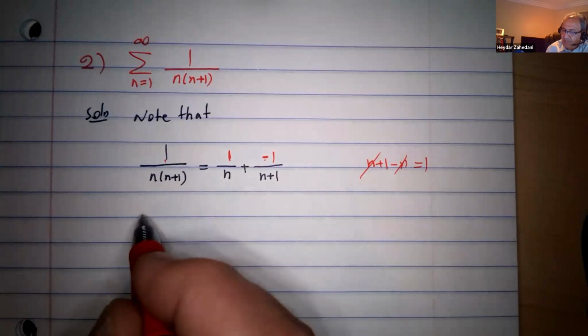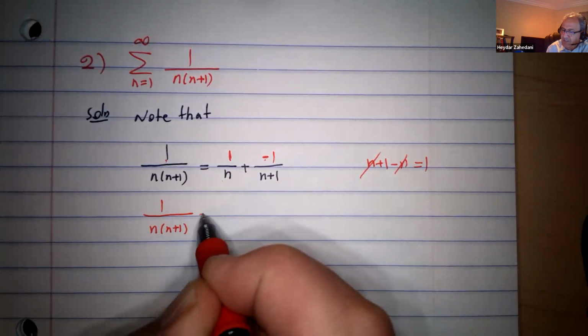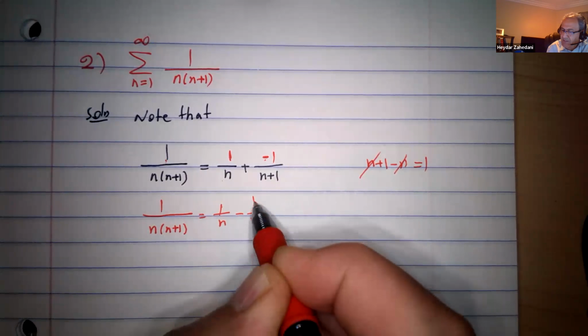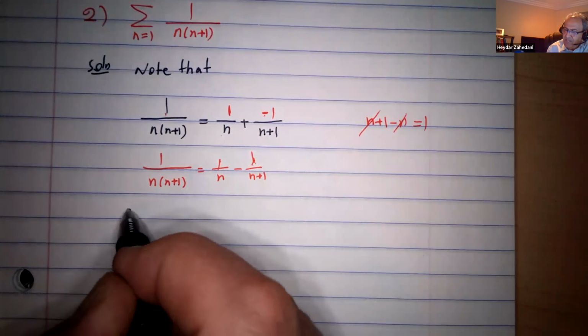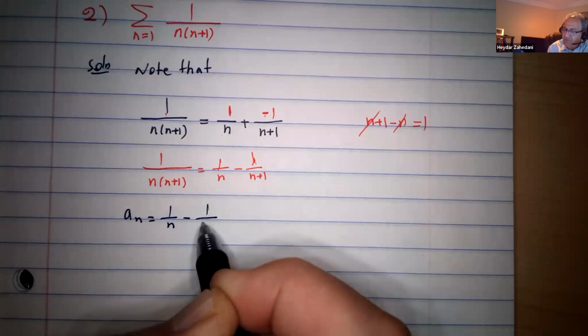Okay, so basically what I did is 1 over n times n plus 1 is equal to 1 over n minus 1 over n plus 1. So you see, this is the telescoping series. I'm going to call this one a_n, equal to 1 over n minus 1 over n plus 1.